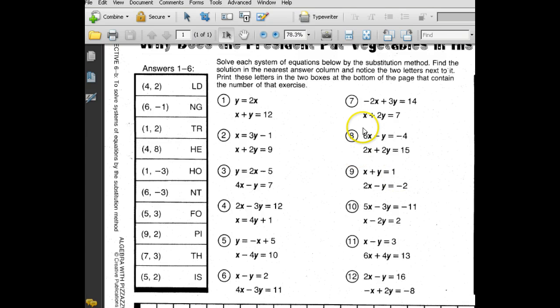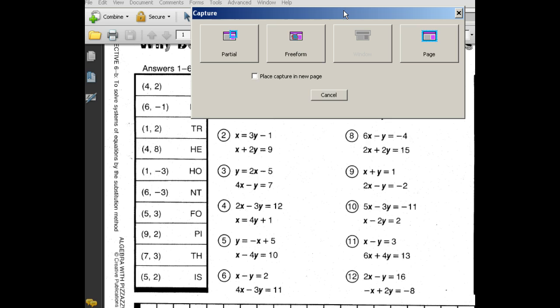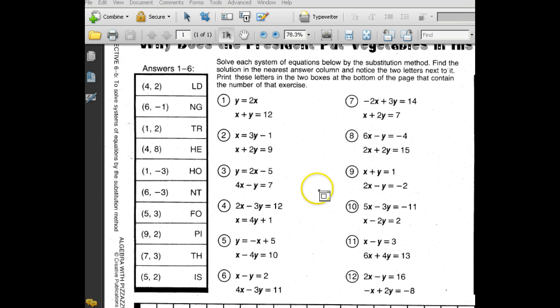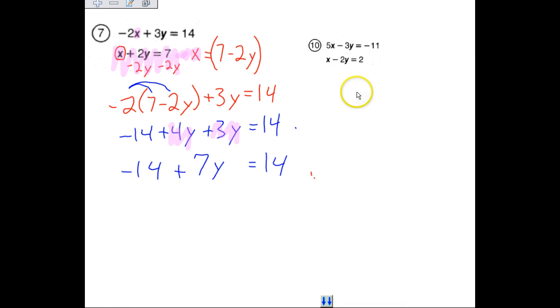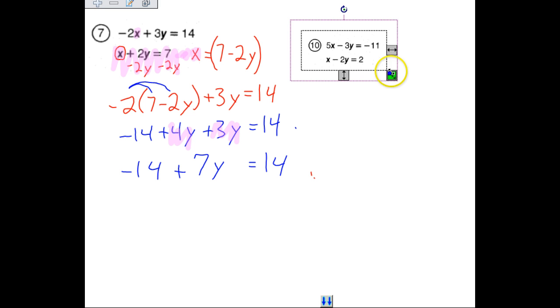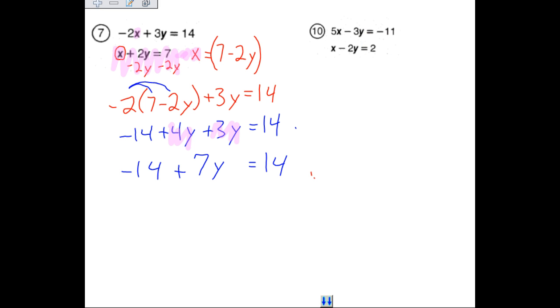Let's see here. Any requests from the second column here? Ten. Okay, right here. Which of these is easier to solve for a single variable? Okay, bottom is, well, I don't know, this one is basically the exact same as 7.